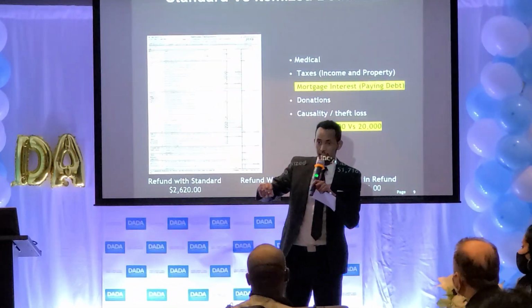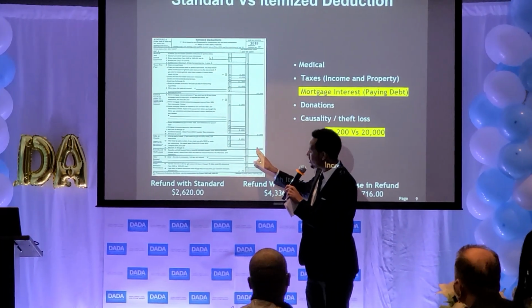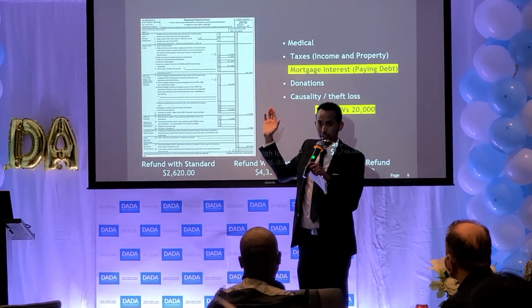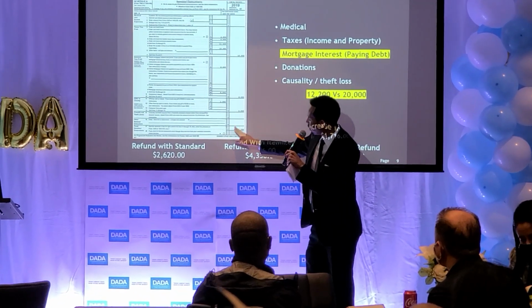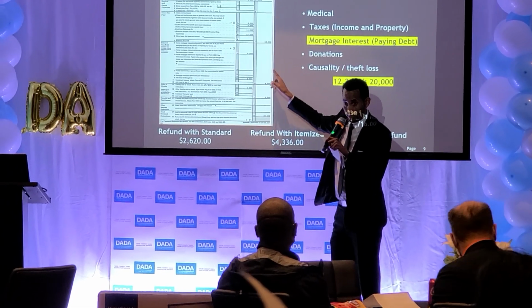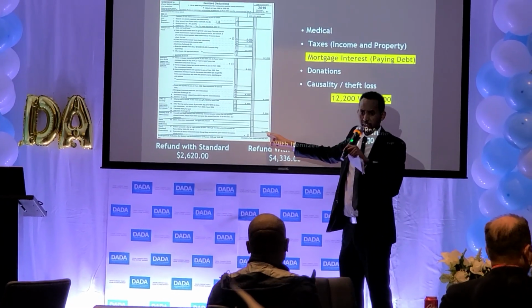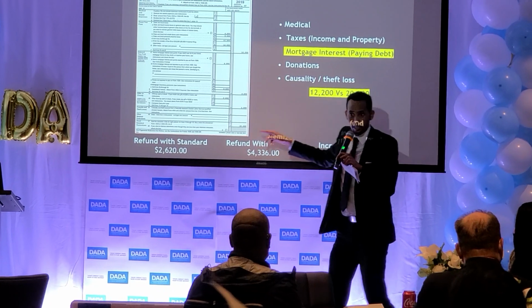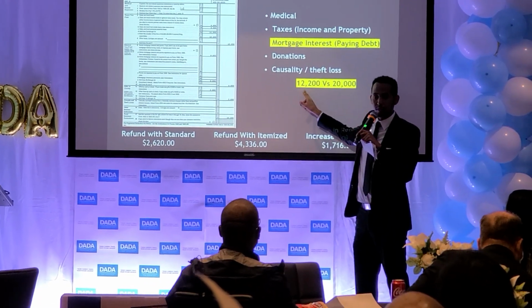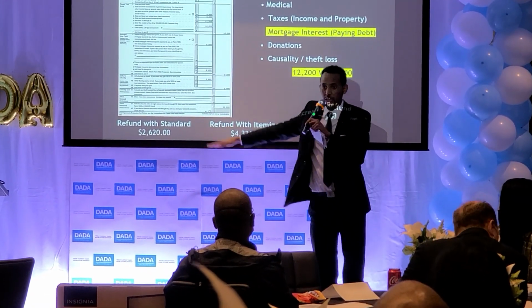If you don't have a mortgage and you pay 2,000 in donations, you lose it. Because instead of taking the 2,000, if you had a mortgage, you would take the deduction of 4,000, right? You would definitely go by the standard 1,200, which means you are losing the donation.